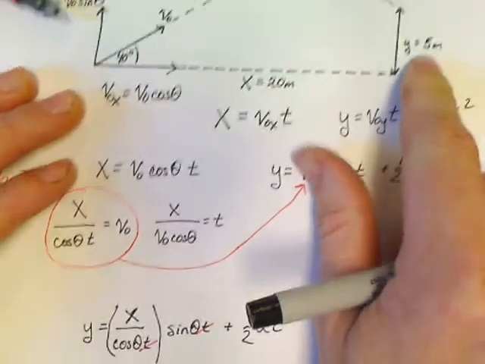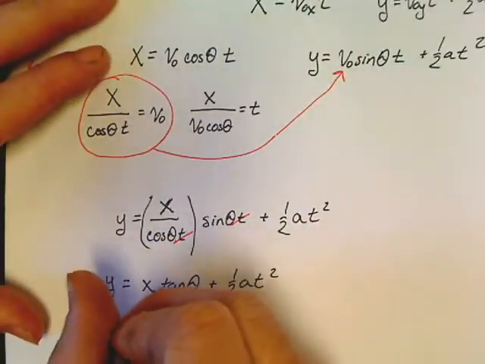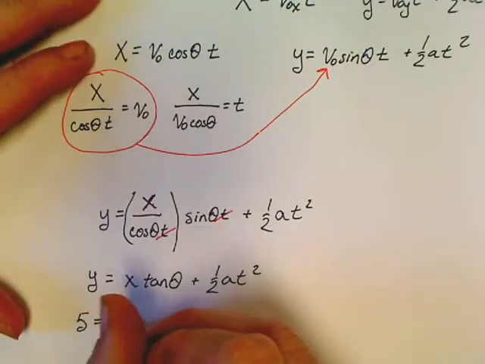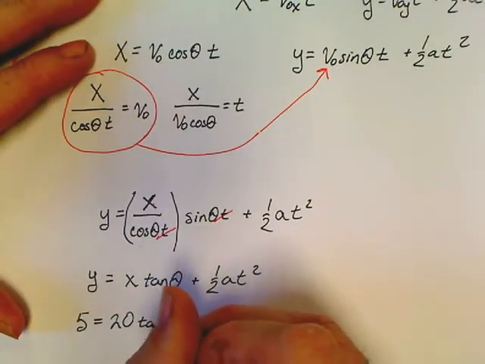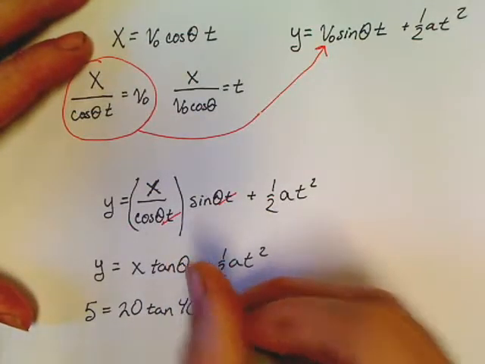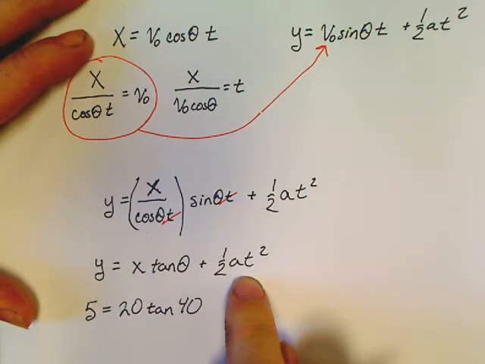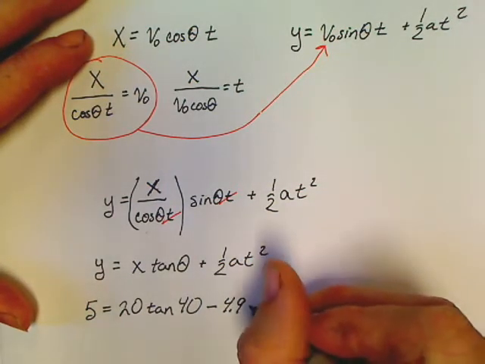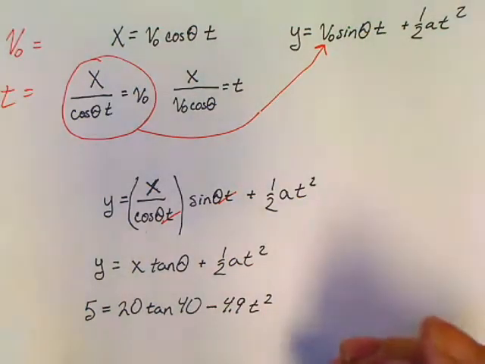We know that y was 5, so this is 5 equals x is 20, tangent of 40, plus 1/2 of negative 9.8, which is negative 4.9 t squared.